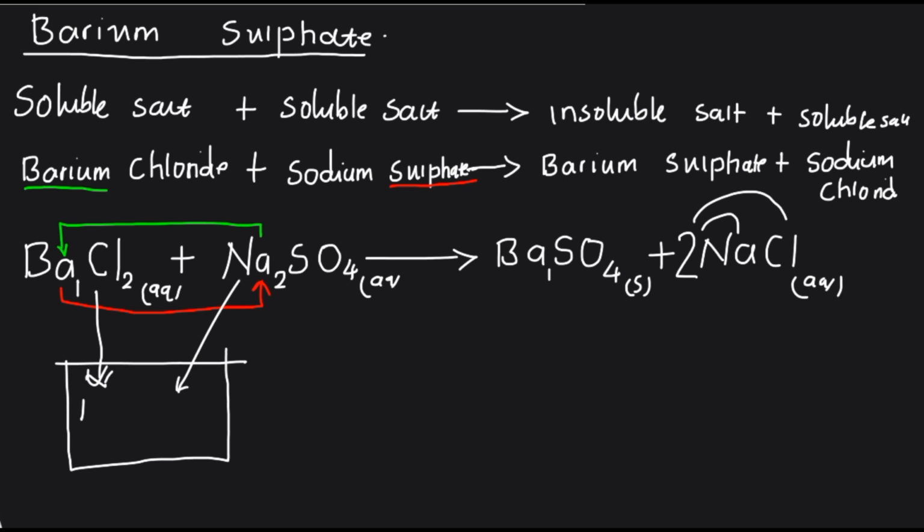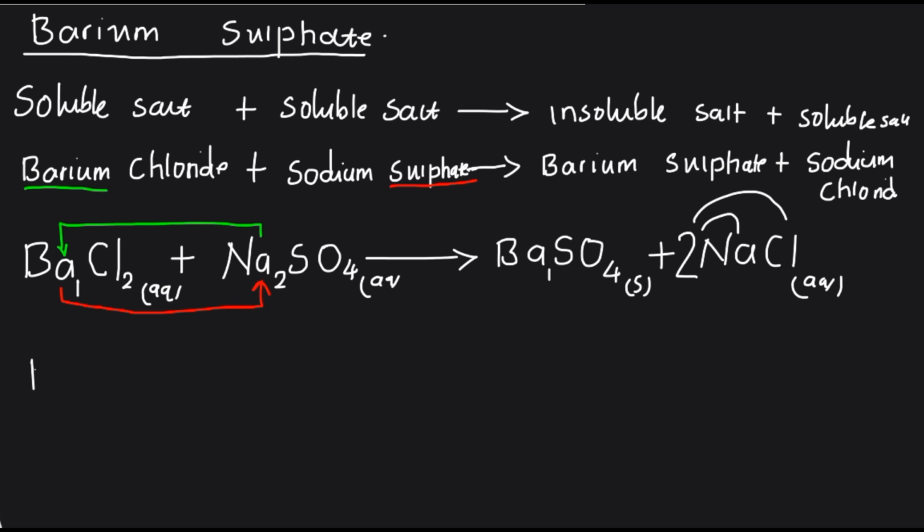Now let's look at if we can write the ionic equation for this one. So ionic equation, remember, you just have to consider those in aqueous phase. So remember, barium, Ba, is in aqueous. Now it has a valence of 2, so plus 2.